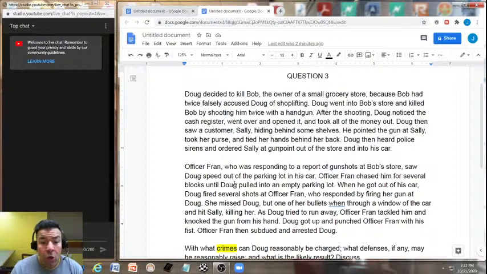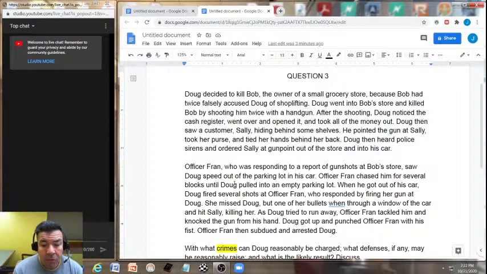Officer Fran, who was responding to a report of gunshots at Bob's store, saw Doug speed out of the parking lot in his car. Officer Fran chased him for several blocks until Doug pulled into an empty parking lot. When he got out of his car, Doug fired several shots at Officer Fran, who responded by firing her gun at Doug. She missed Doug, but one of her bullets went through a window of the car and hit Sally, killing her.